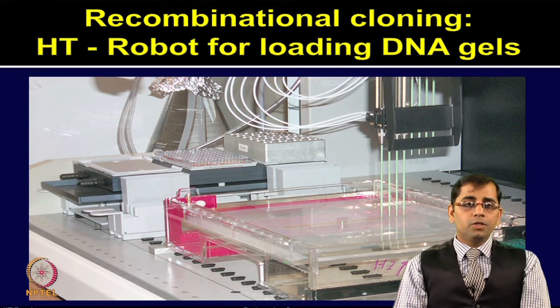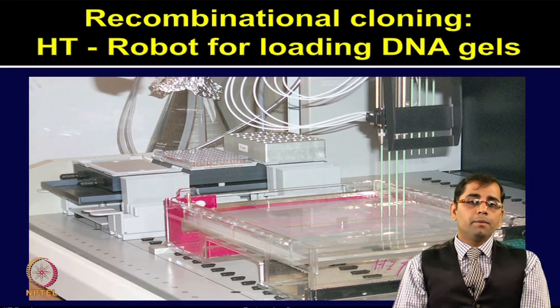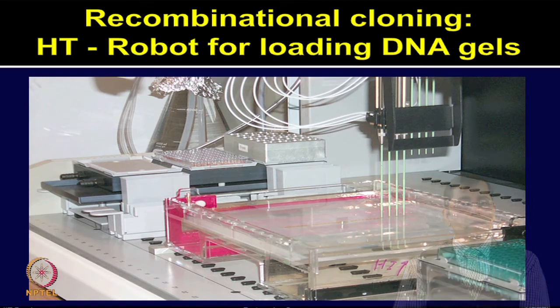Also, by the time you start from the first sample and reach the last one, many samples are likely to be diffused. So, automation as well as speed are very important.